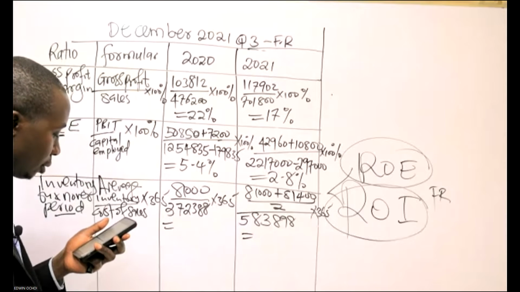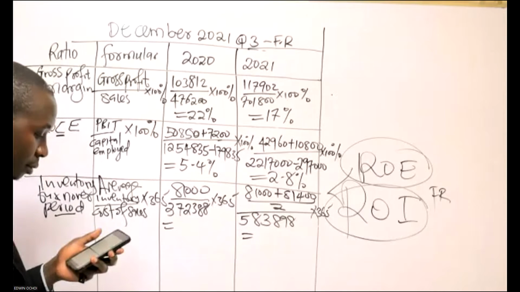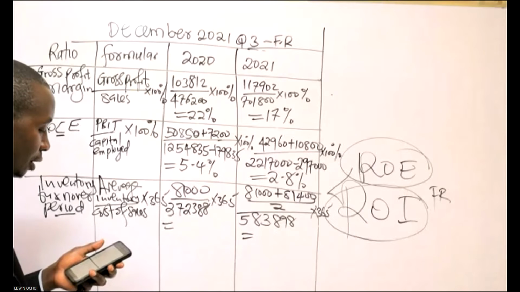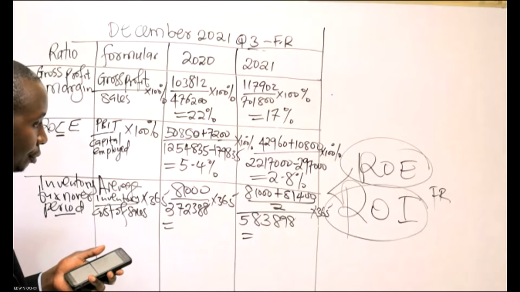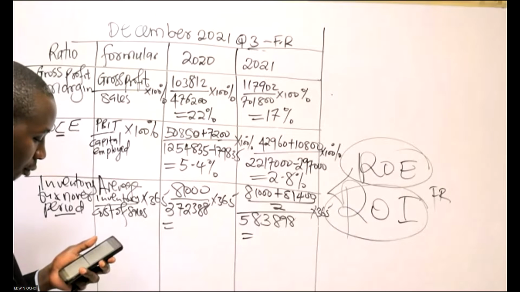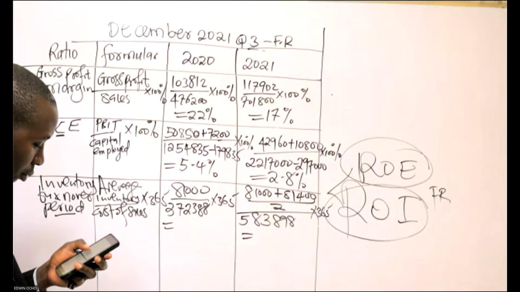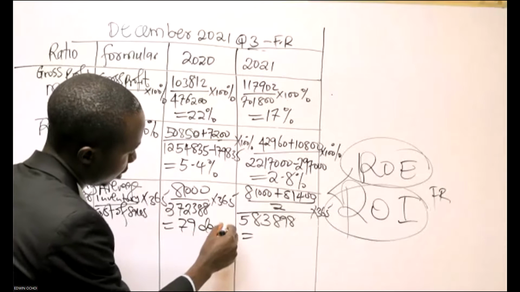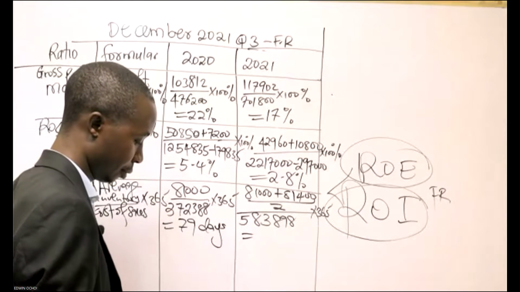So 372. So the number of days, 79 days and 50 words. 50 days.